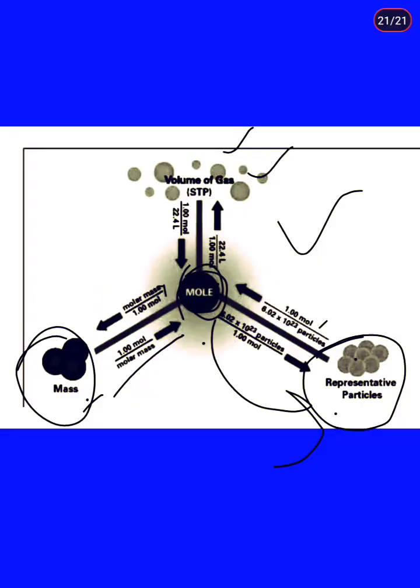First is calculate the number of molecules in a drop of water weighing 0.05 gram, hydrogen atomic mass 1 and oxygen is 16. So we have to calculate the number of molecules. According to this formula or concept, the number of molecules means representative particles.